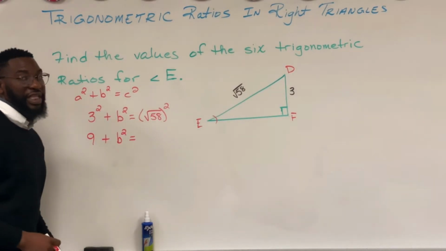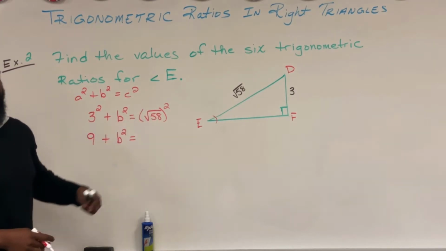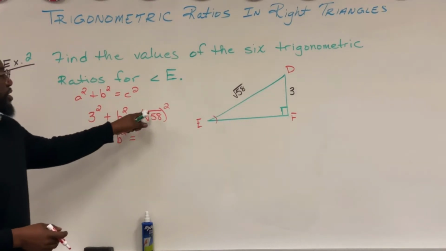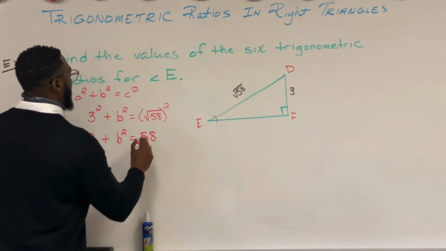Whenever you square a square root, we get what's under the radical. So if we square the square root of 58, the answer would be 58.